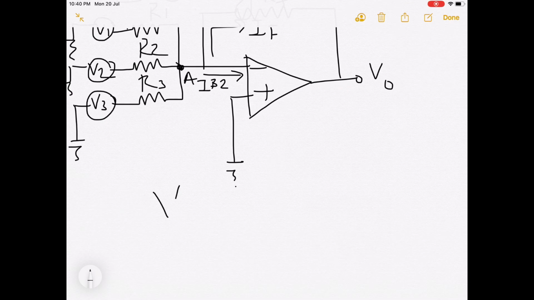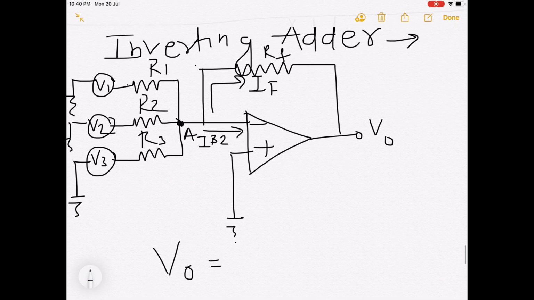So, VO equal to, as circuit is which one? Circuit is inverting adder. Inverting means output is inverted, means negative sign is present at the output. So, VO equal to minus of addition of all these, negative sign because we are applying input at inverting terminal.